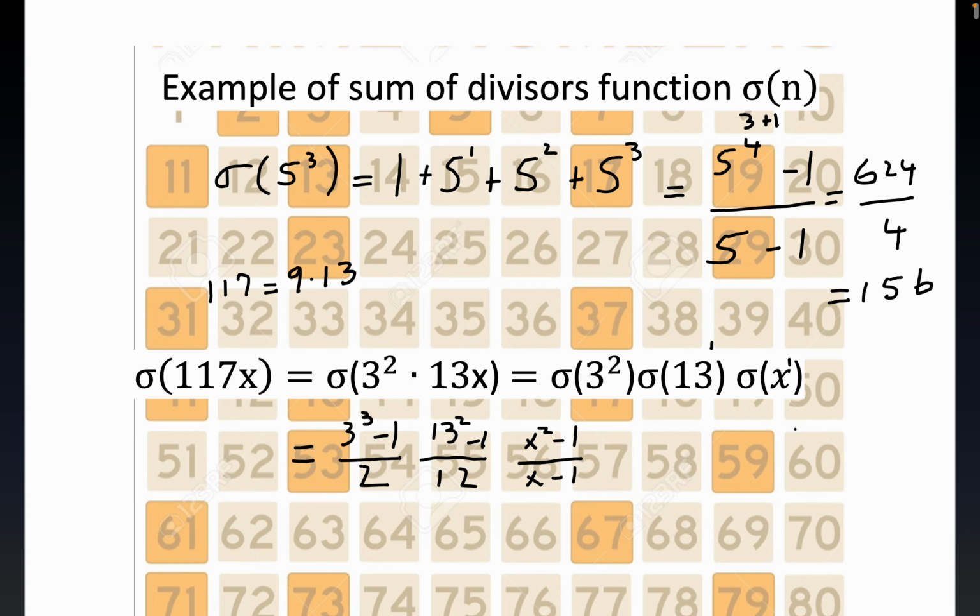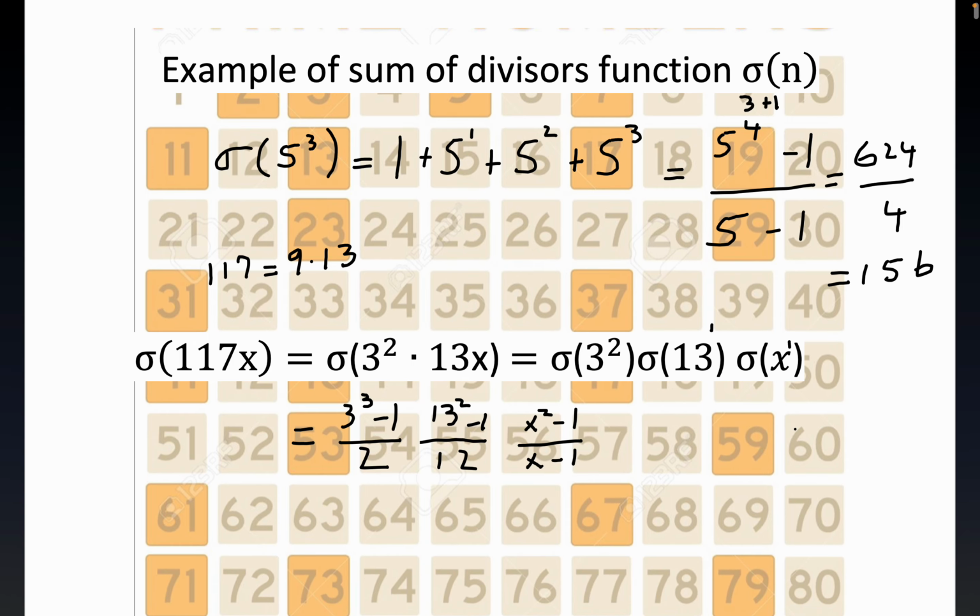Now, what happens with all of this? Well, let's see if we can do this math. This would be 27 minus 1 is 26 over 2, so that would be 13. Now, what is this number? Okay, getting a little big here. This is 169 minus 1, which is 168 divided by 12, y'all, and that is 14.